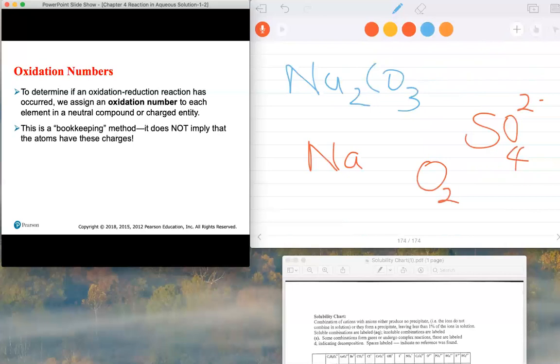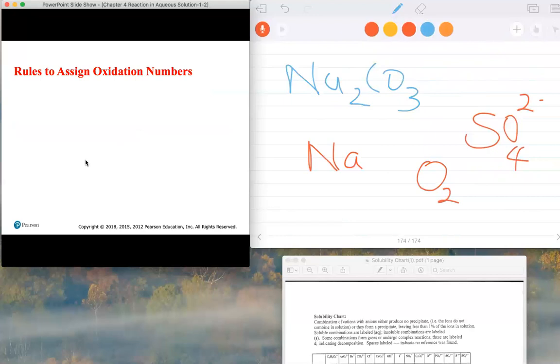So in redox reactions, we keep track of the number of electrons lost or gained by assigning oxidation numbers. And here are the rules you need to remember and commit to memory. Atoms in their elemental state have an oxidation number of 0. What are elemental states?